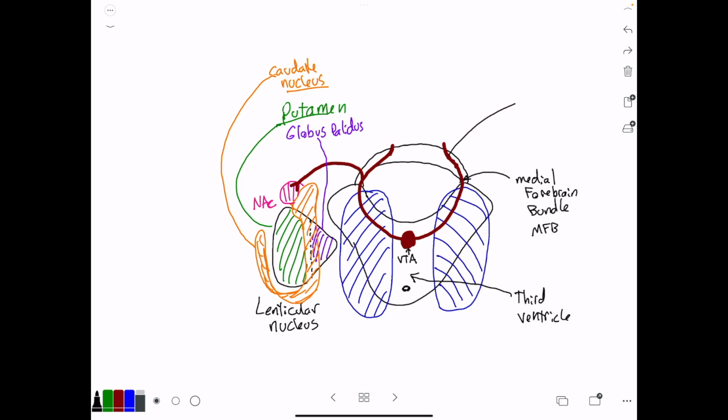Well, as we described before, this one from the ventral tegmental area going into the cortex is the mesocortical pathway. And the mesocortical pathway is dominated by really exclusively D1 dopamine receptors.